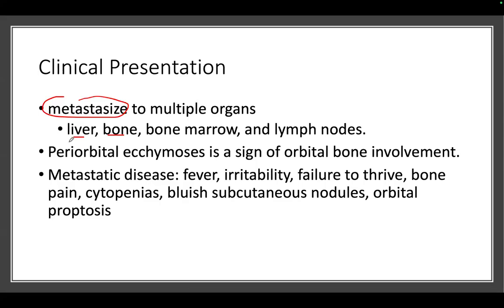Now, once there's periorbital ecchymosis, or the raccoon sign that we mentioned earlier, that means there's already involvement of the orbital bone. There's metastasis to the bone already.